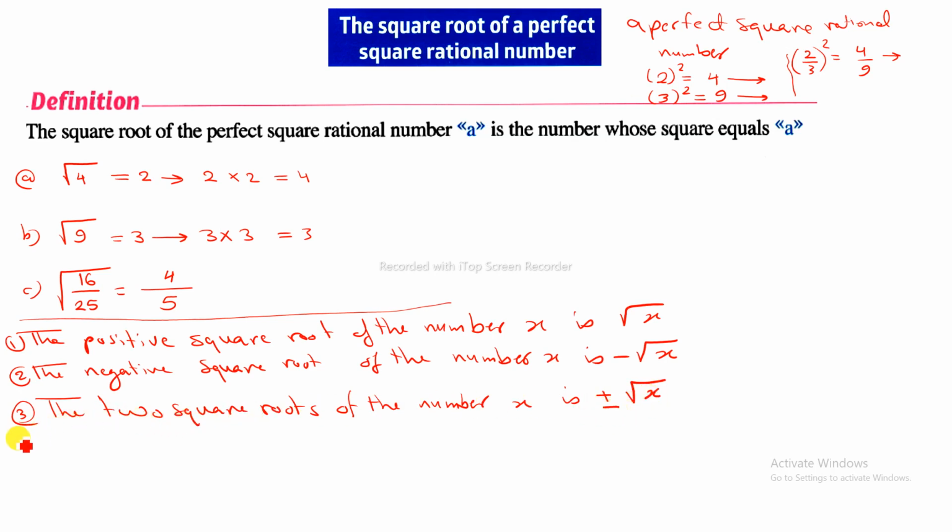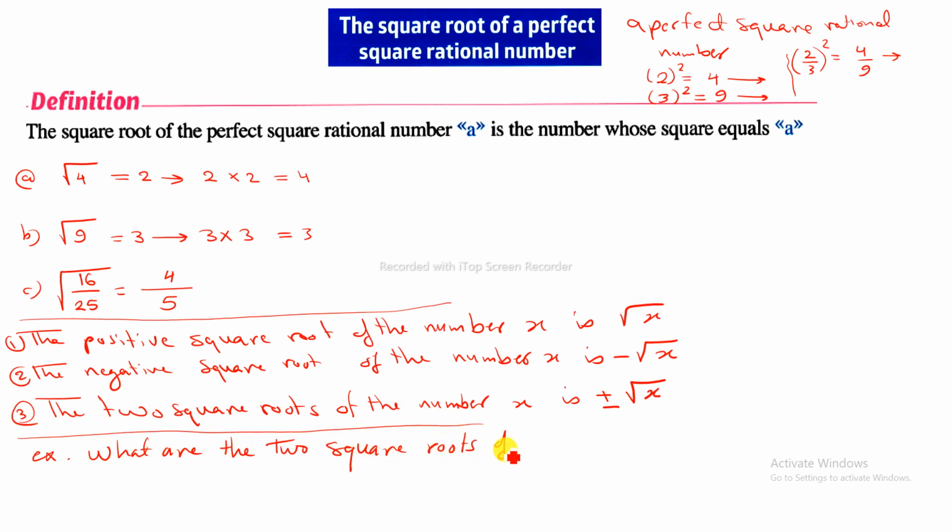طيب ليه بنقول كده؟ لما يسألك سؤال مثلا what are the two square roots of the number 16 هنا معناه ايه؟ ايه النمبر اللي تايمز نفس ال 16 سواء كان بوزيتيف اور نيجاتيف. فانت عندك هنا اصلا 4 by 4 equal 16 وعندك برضو negative 4 times the negative 4 equal positive 16. يبقى the two square roots of the number 16 is what?